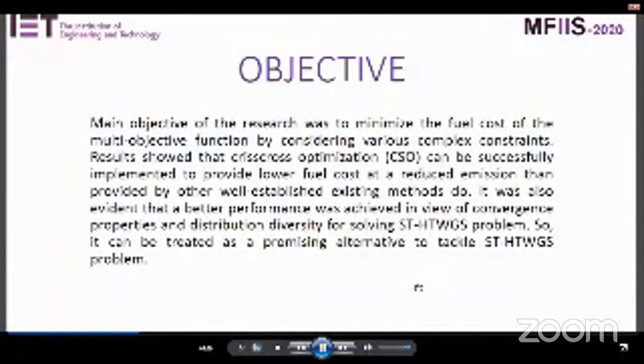It was also evident that better performance was achieved in view of convergence properties and distribution diversity for solving the short-term hydrothermal wind generation scheduling problem. So it can be treated as a promising alternative to tackle this scheduling problem.